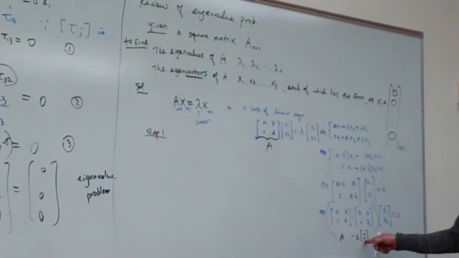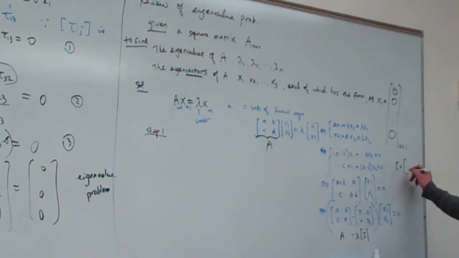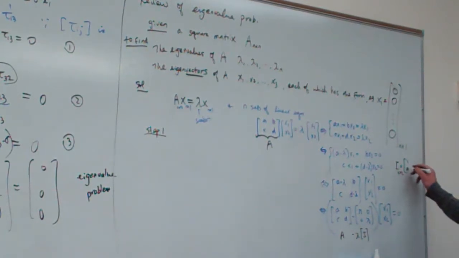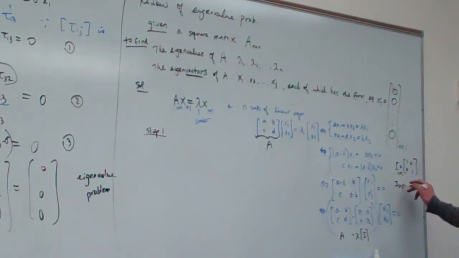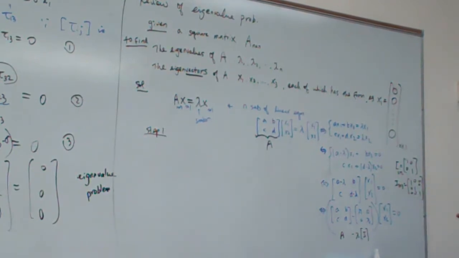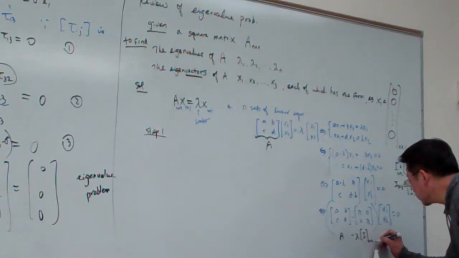I is called the identity matrix, sorry, the unit diagonal matrix. For example, if I is 3 by 3, then it is 1, 1, 1 on the diagonal and 0 everywhere else. For this case it is 2 by 2.